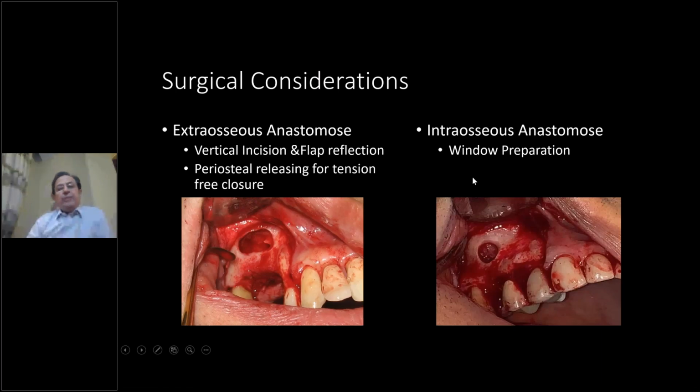How about the surgical note about the anastomosis? Considering the extraosseous anastomosis, we must note this during the vertical incision, because we like to have a good vision of the lateral wall for window preparation, and we must make a releasing incision.